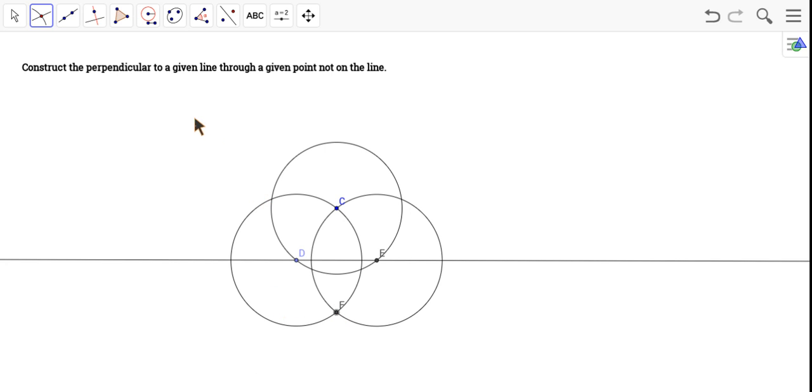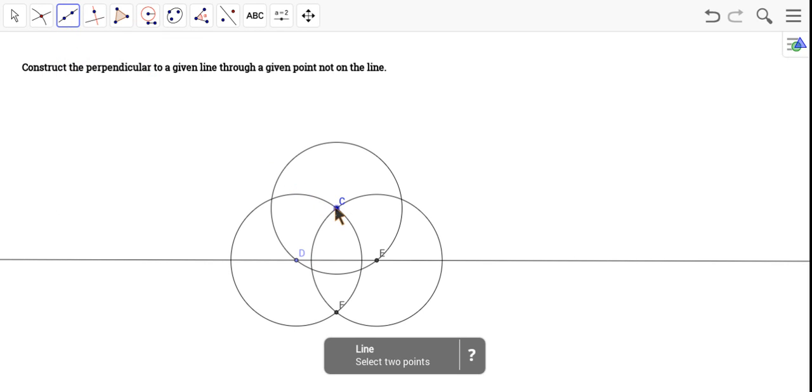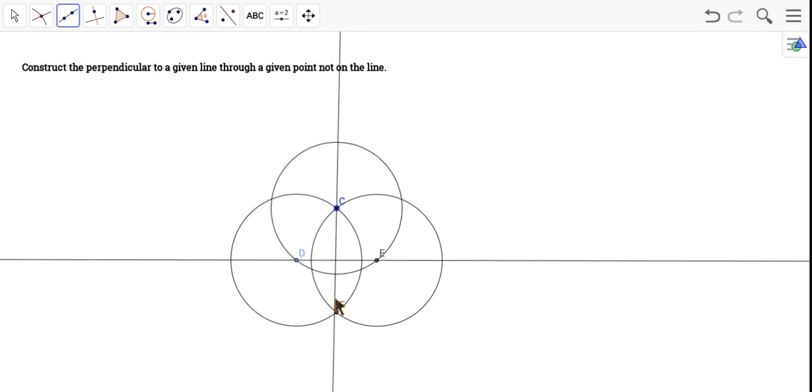What that does is give us our 2 points, like I showed in my construction of perpendicular lines video, the 2 points that we need to draw our perpendicular line to our original.